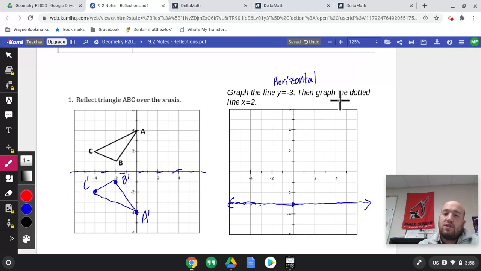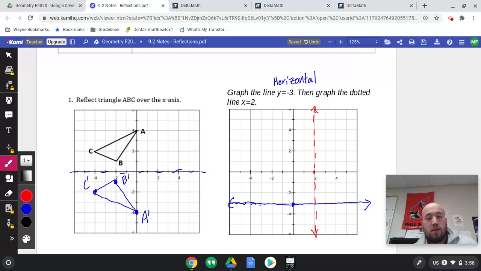Now the next one, it says graph the dotted line x equals 2. Okay, so I go to 2 on the x-axis, and I'm going to draw a dotted line through that because at x equals 2, that will occur.